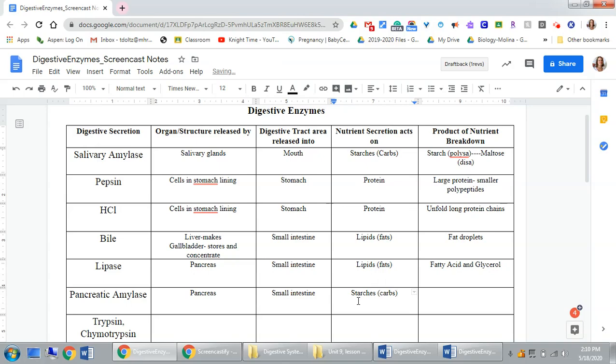Just like here, it is going to break down any of those big starches, those big polysaccharides, into smaller sugars, maltose sugars, which are still disaccharides. Anything that we missed in the mouth, we're going to try to get here in the small intestine, but we're not done yet because we haven't got it down to a monosaccharide yet.